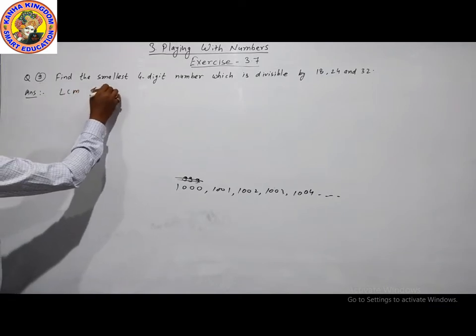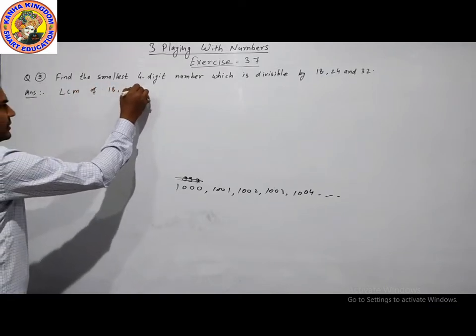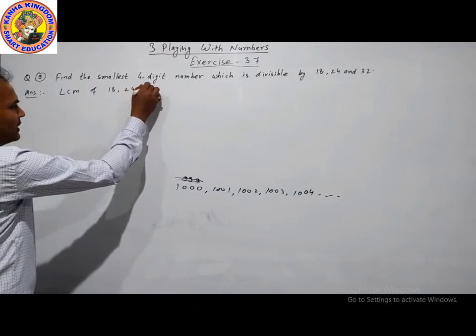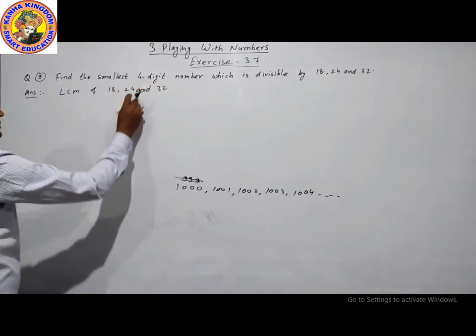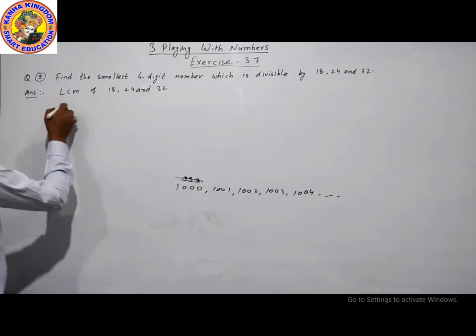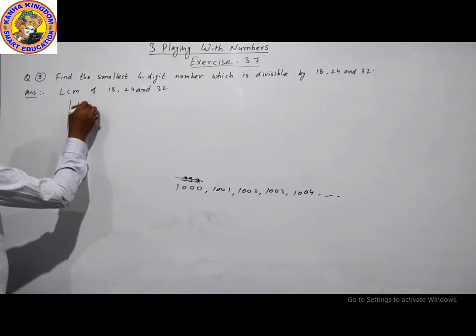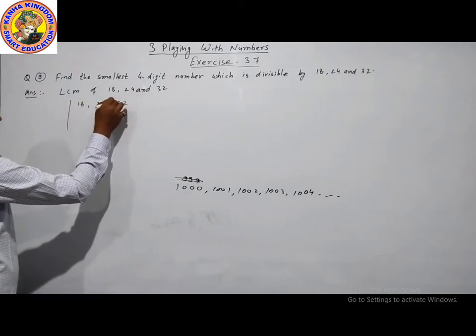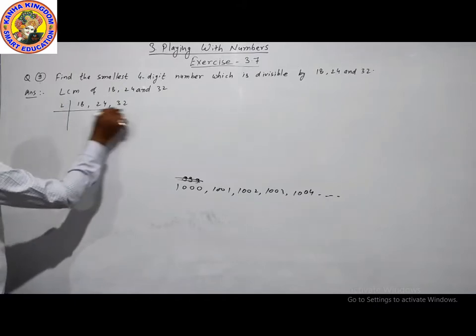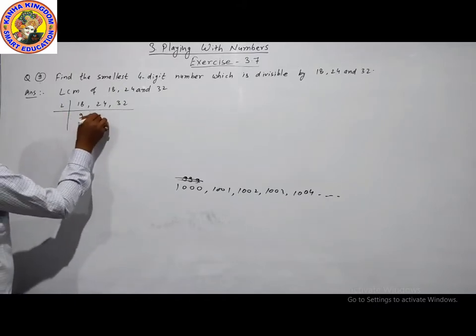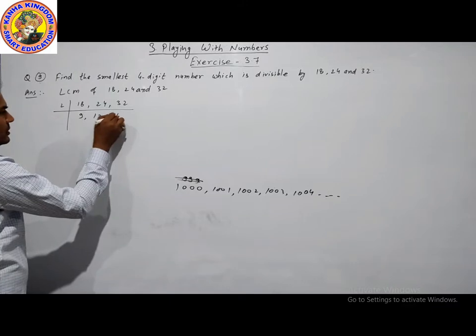LCM of 18, 24 and 32. Now 18, 24 and 32. First of all, we will divide by 2. We get 9, 12, 16.